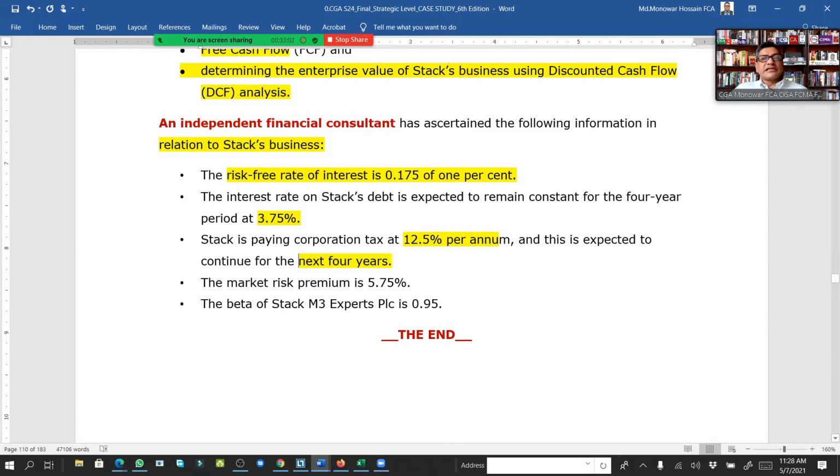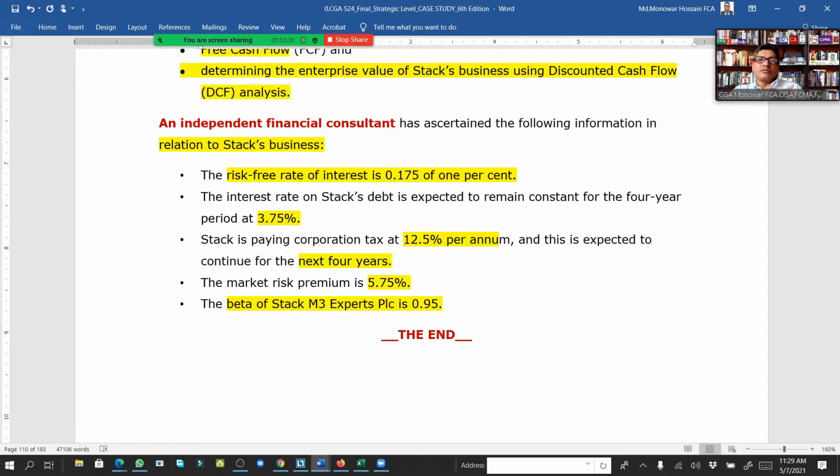So the market risk premium is 5.75% and also beta is expected to be 0.95. So we know what beta is: beta is the calculation of market risk, systematic and unsystematic, and beta can be 1, more than 1, or less than 1. When it says beta is less than 1, it's saying that the instrument is taking profit, but overall the market is volatile.